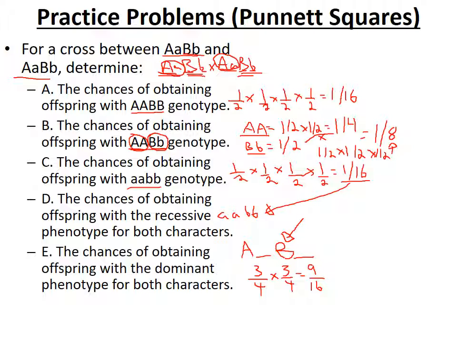There's another way to do this. It's a bit longer, but I can show you how to do it. So there's a few ways to get the dominant phenotype for all characters.